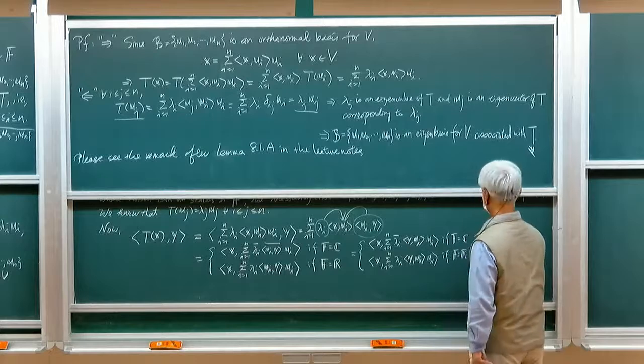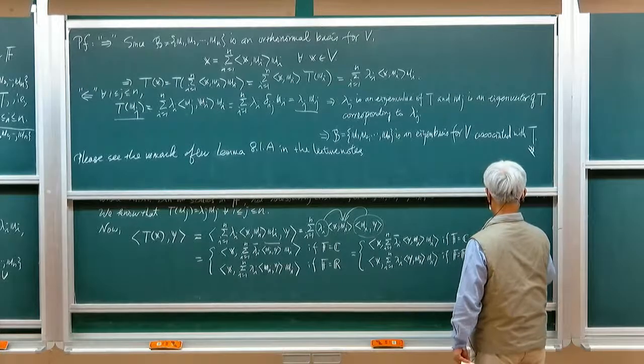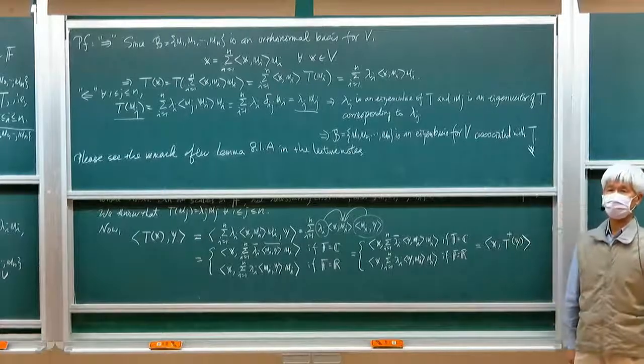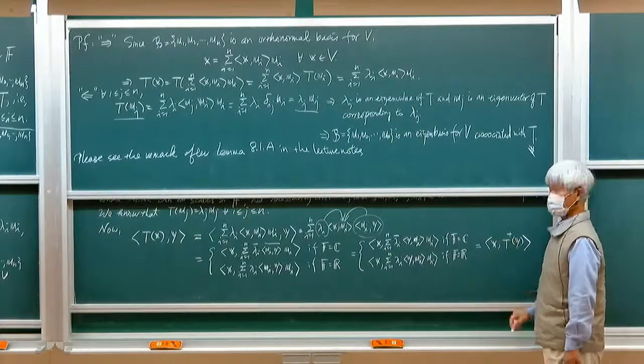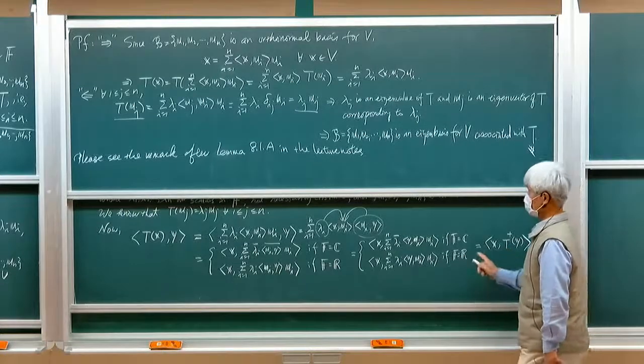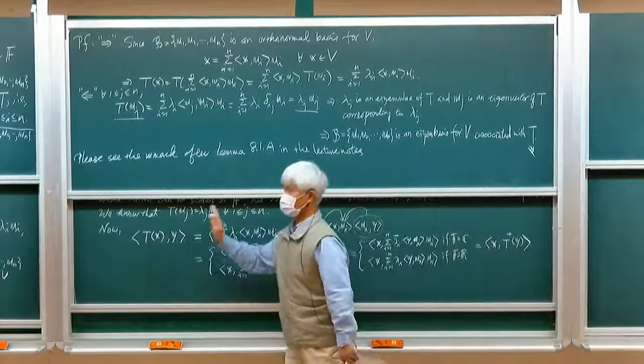And this is equal to the inner product of x with T dagger y. By definition of T dagger, the adjoint of a linear operator T. Right, so this is equal to this one.